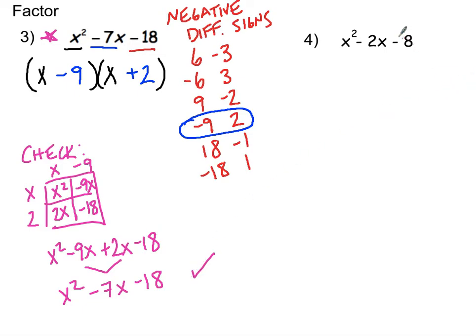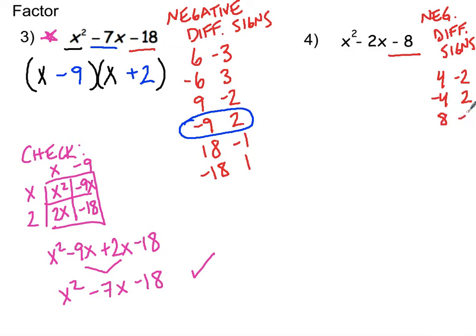Okay, next one. I need two numbers that multiply to negative 8. Again, it's negative, so I need different signs. One has to be positive, one has to be negative. So I could do like a positive 4 and a negative 2, or a negative 4 and a positive 2.